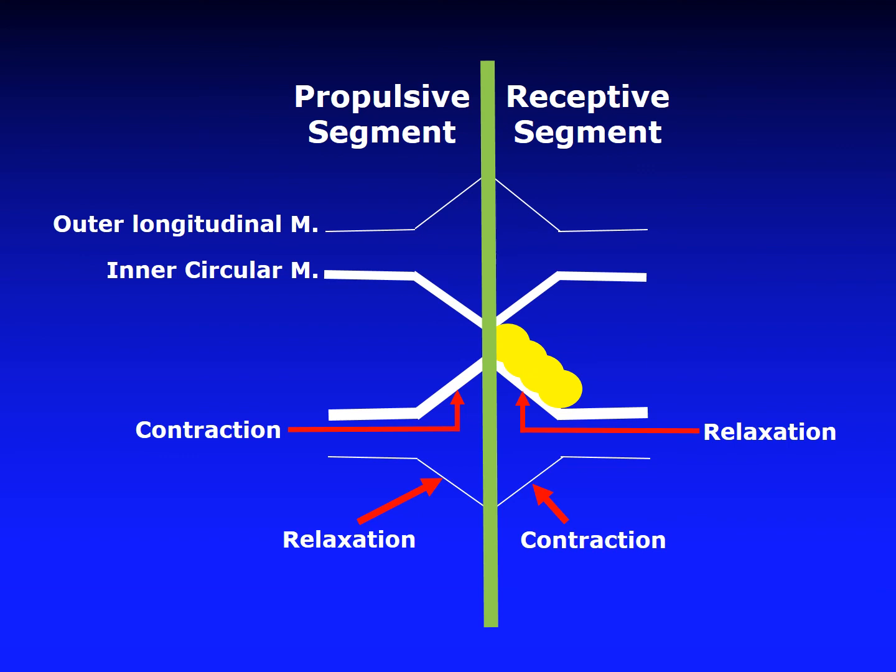and the opposite action happens in the receptive segment. You have relaxation of the circular muscle and contraction of the longitudinal muscle. That's how the receptive segment will accommodate the product moved by the propulsive segment, which is food in this case.